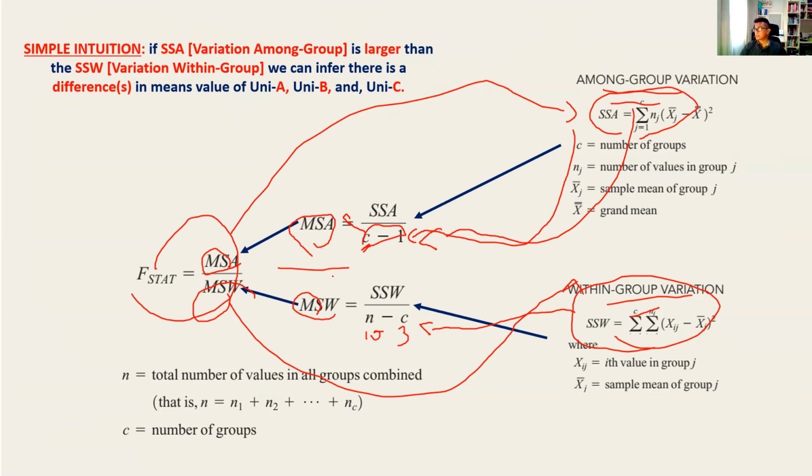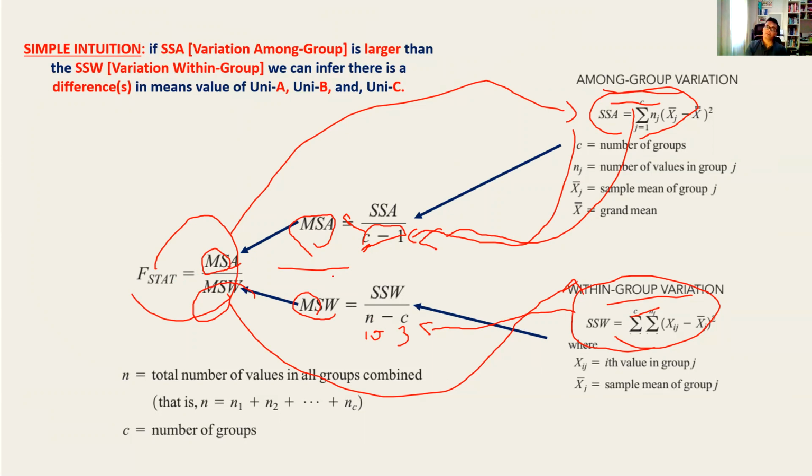We will discuss this in detail in the problem set elaborations. After we have the comparison between the among group variation and the within group variation, how can we decide whether this F-stat value is good enough or not? How can we decide whether it indicates acceptance of the null hypothesis, meaning all of the mean values are similar, or whether the null hypothesis should be rejected?